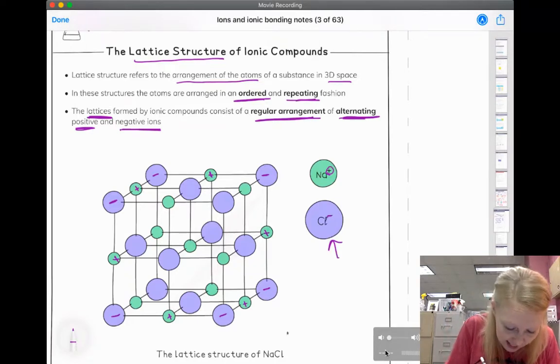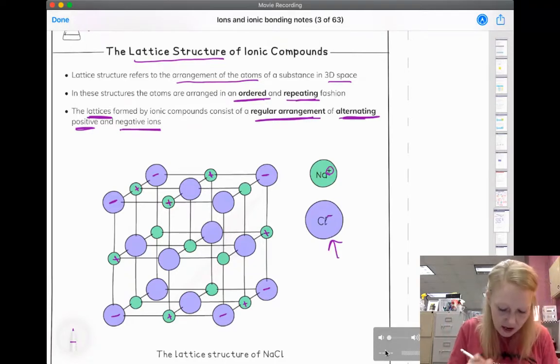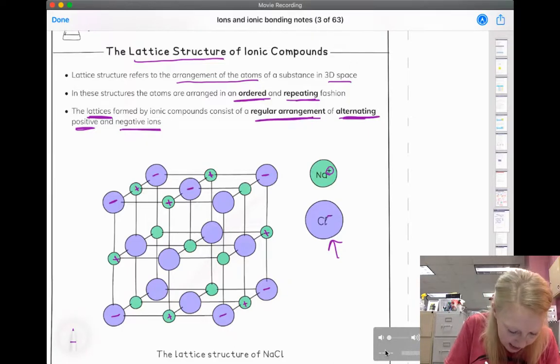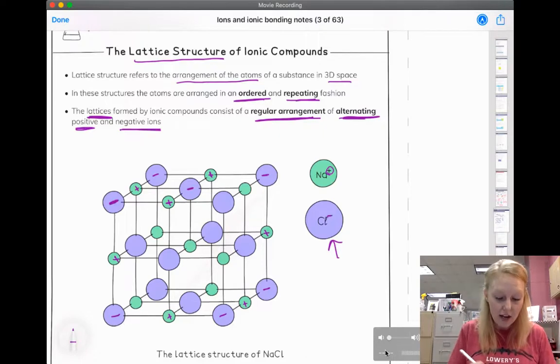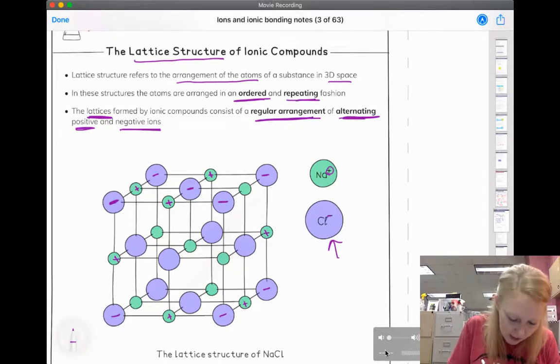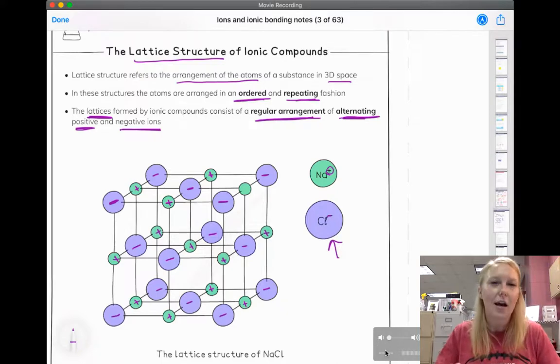So, for instance, like this little positive sodium there, well, it's connected to this negative chloride ion in the back and this negative chloride ion in the front, along with this negative chloride ion to the other side of it. So that just repeats over and over in every direction, but it is always alternating positive and negative charges, and it's always in that regular structured arrangement.